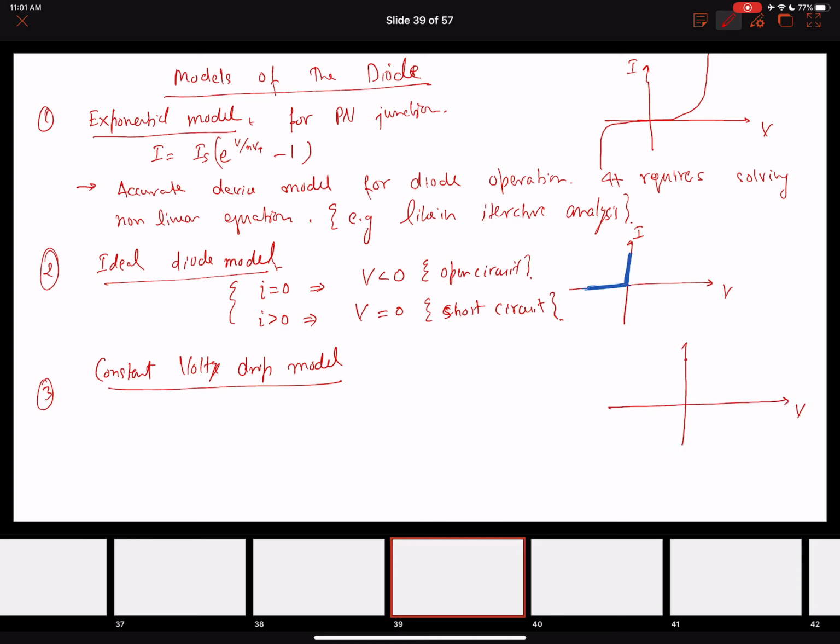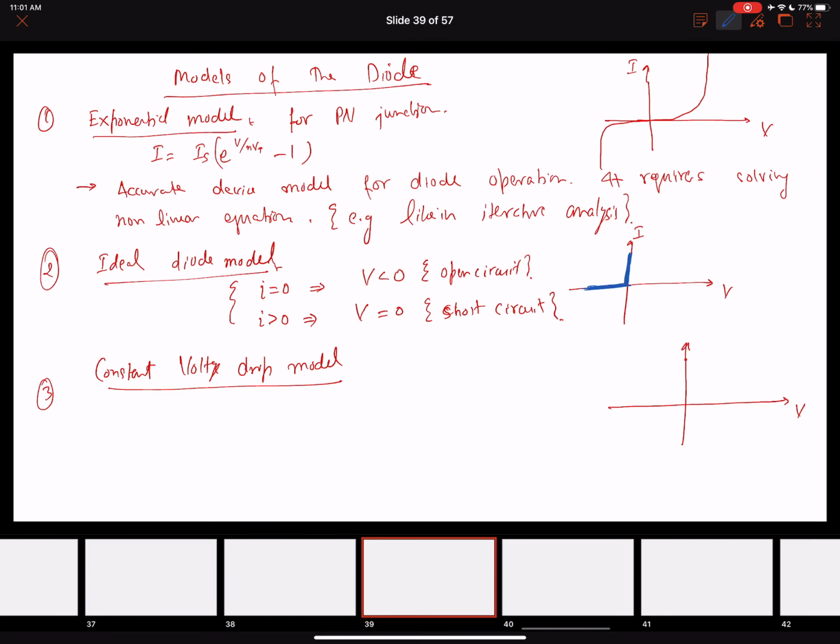So this is V and this is I. So essentially, rather than using this exponential curve, we still use a step function at a particular voltage value. So we say that at 0.7 volts or at a specific threshold value, it will start to conduct.